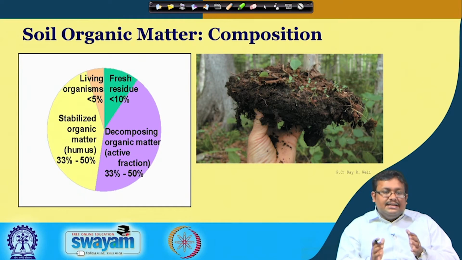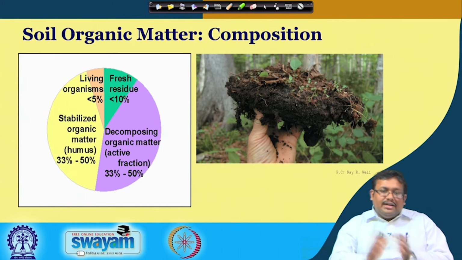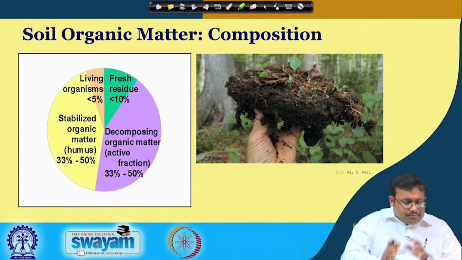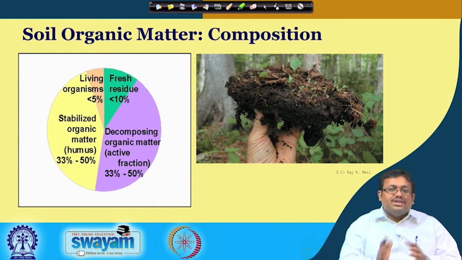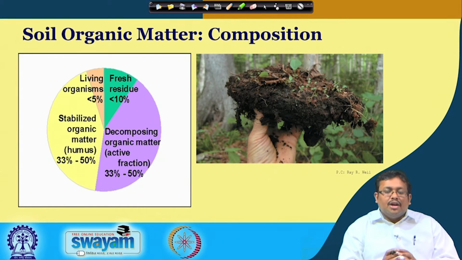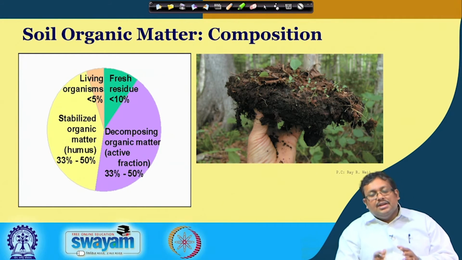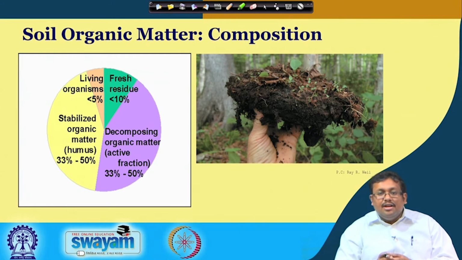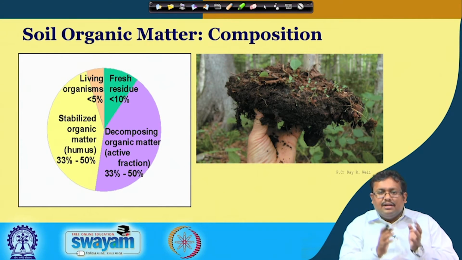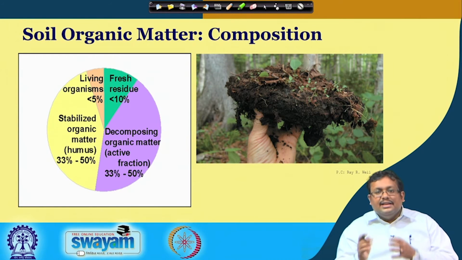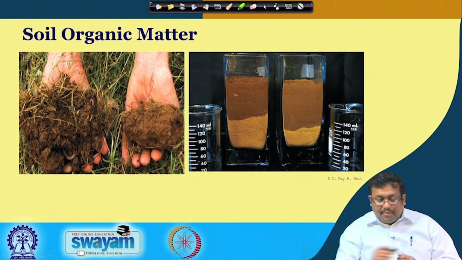That means it is an altered product from the original organic fractions, and it is the most important fraction among soil organic matter that controls the soil's physical, chemical and biological properties. We will discuss in detail the composition and how humus forms in later classes.